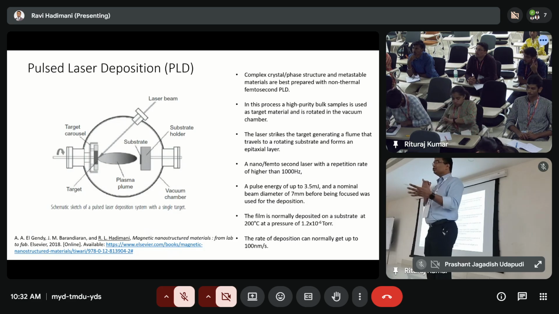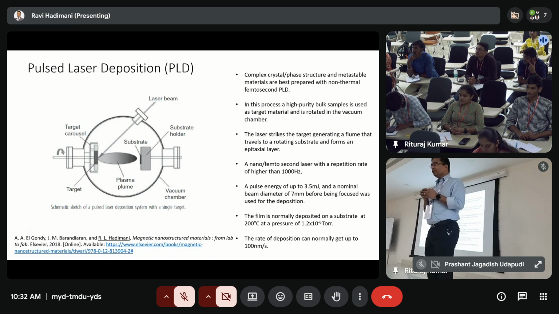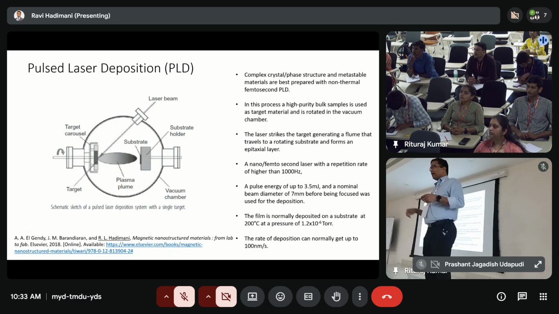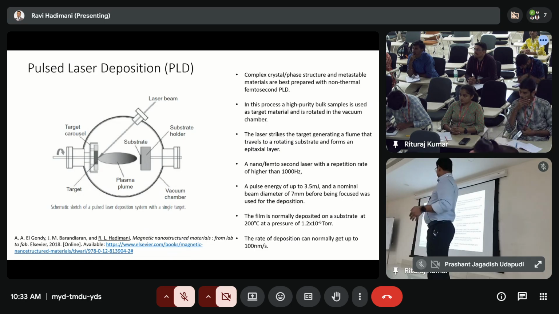You don't want to change the phase of the material, but you want to deposit a thin film of that material. Which process do you take? If you heat, remember this complex 5-element compound will change its phase. You want to retain the phase, so you want a low temperature deposition. Femtosecond laser is the choice, right?